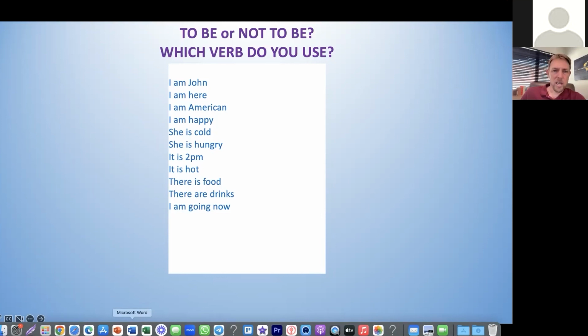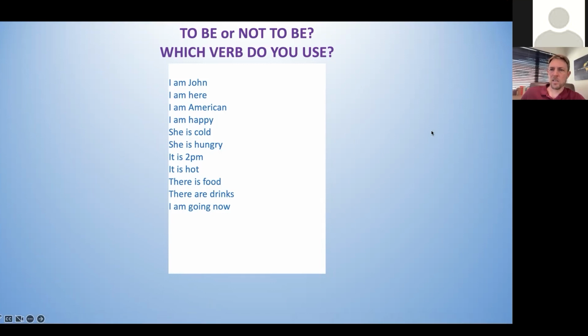Okay, it is 2 p.m. Did we do that one already? Sí, está 12 en la tarde. Okay. It is hot. Es caliente. Okay. And there is food. Estar.